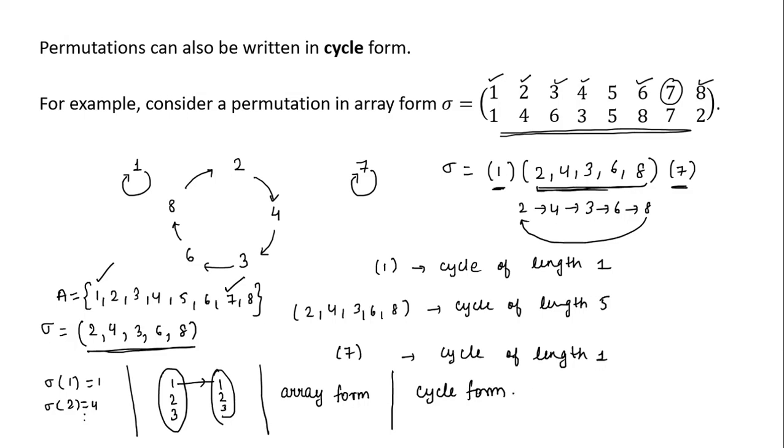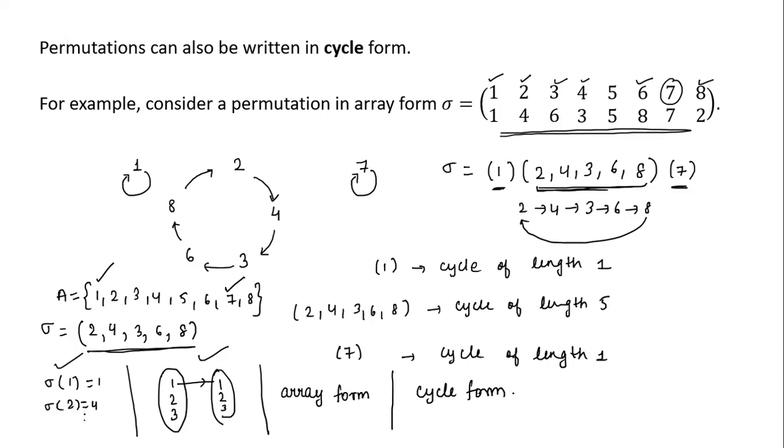Alright, so these are different ways to represent any permutation, and obviously representing a permutation in the first two ways is very lengthy. Representing each permutation will take a long time and large space also. So now let us move ahead and see the formal definition of a permutation sigma.